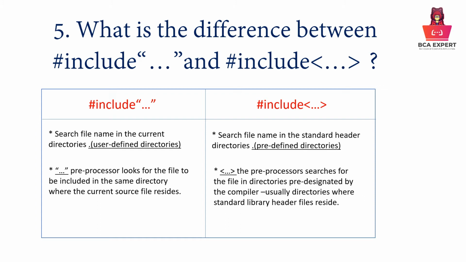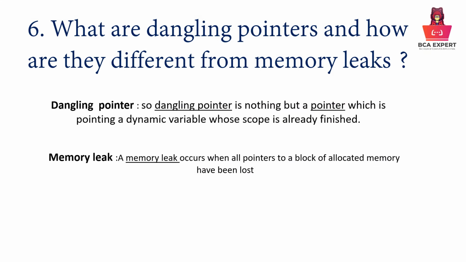Next question, what are dangling pointers and how are they different from memory leaks? This is also a very important question asked in interviews. Basically, dangling pointer and memory leak are different terms. If a pointer is pointing to memory that is not owned by your program, meaning a null pointer or an invalid memory, the pointer is called a dangling pointer.